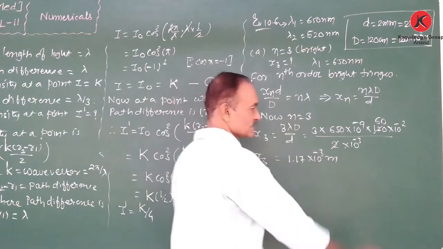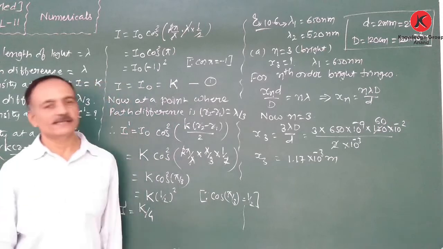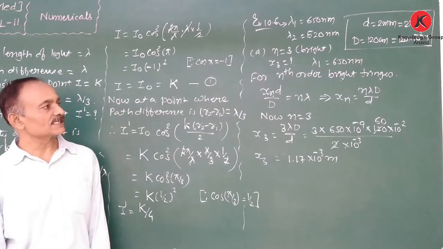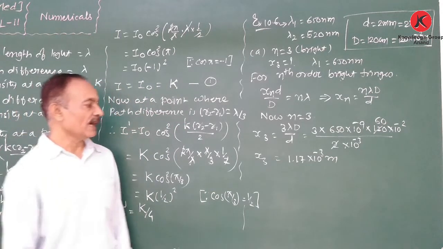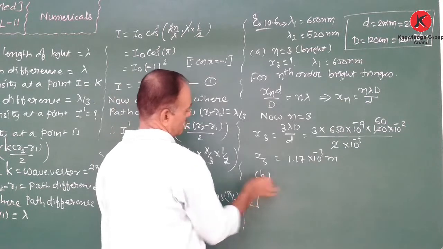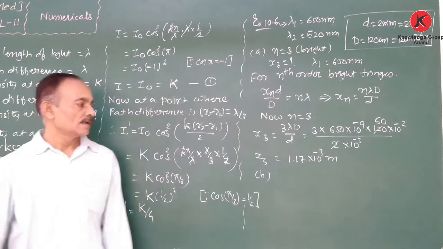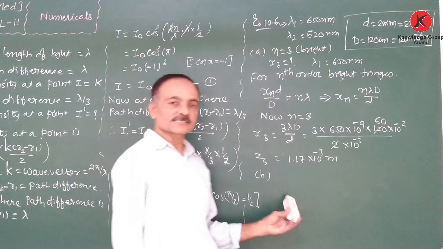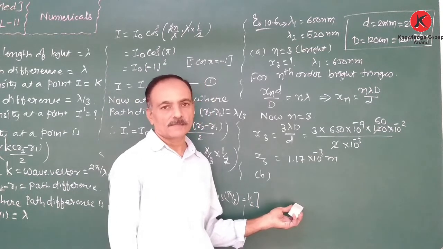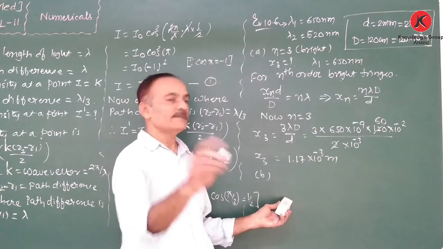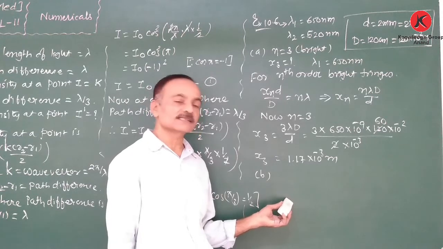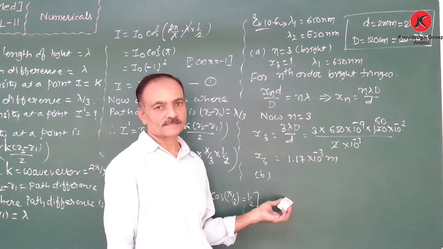So at this distance, the third bright fringe is formed. Now in second part B, at what least distance from the central maximum do the bright fringes of both wavelengths coincide?